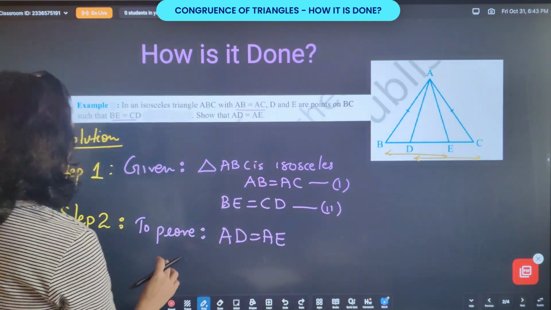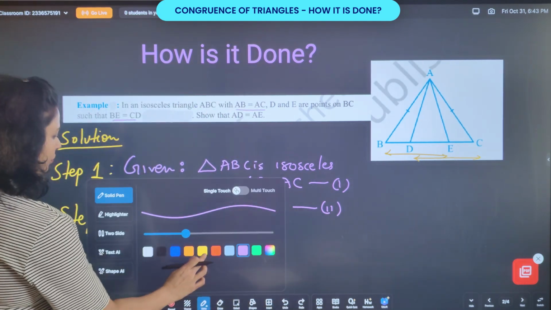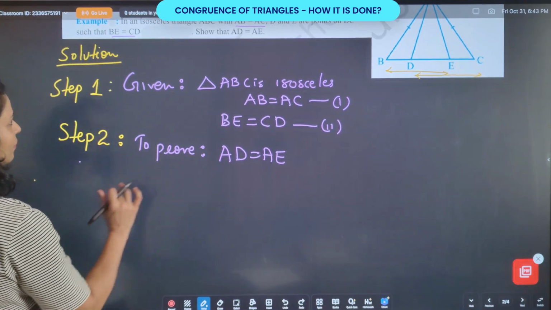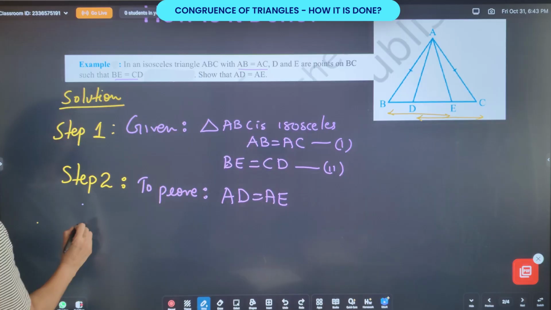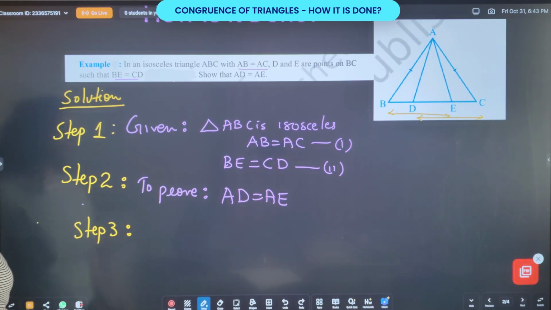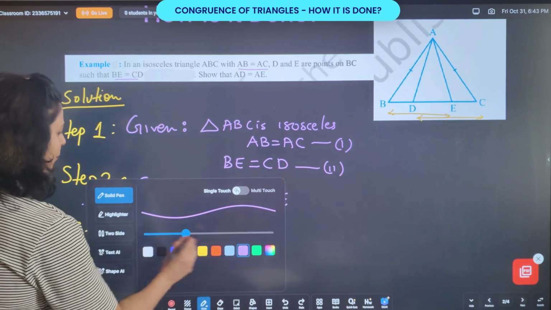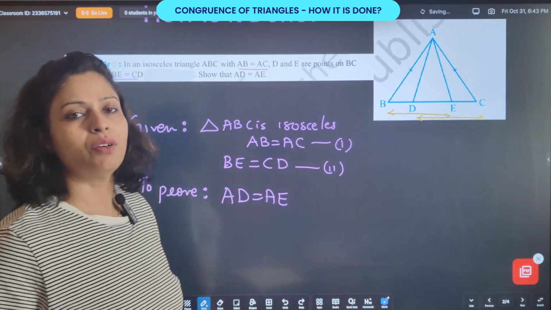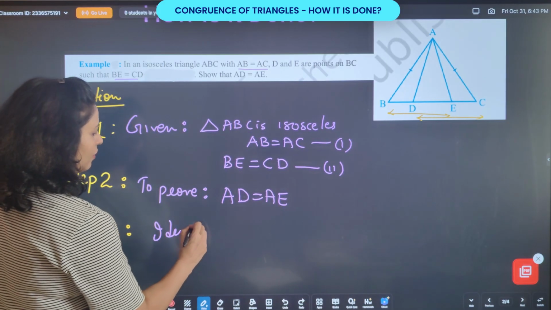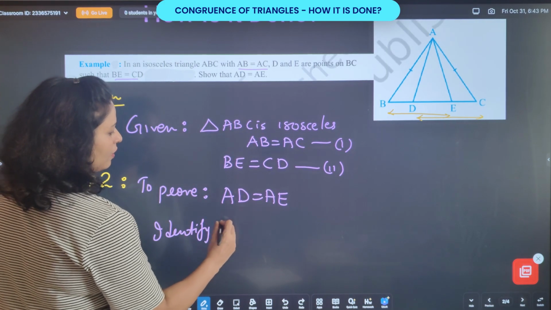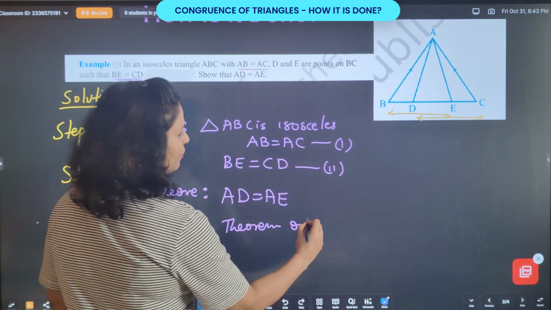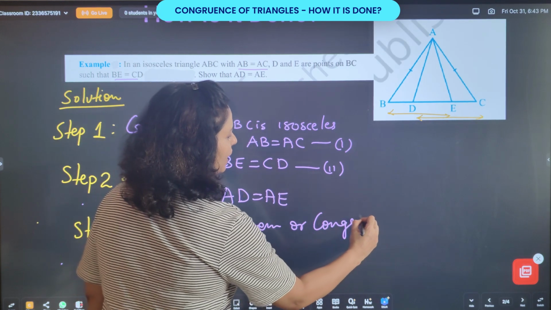Third step will be to identify any theorem we have studied, or identify which congruency rule to apply.